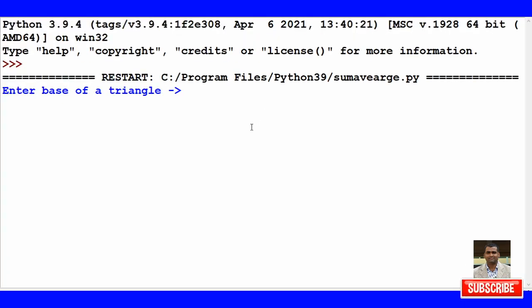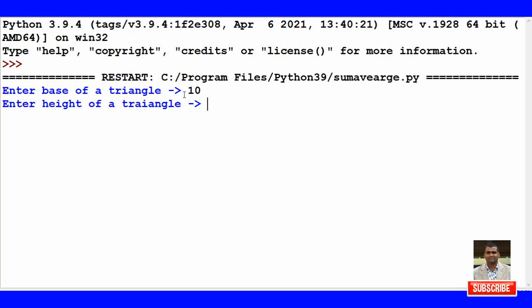So my program enters the running state. You see, enter the base of a triangle. Let's suppose the base is 10. And enter the height of a triangle. Height I'm going to take, let's suppose, 8. So what answer are we going to get?